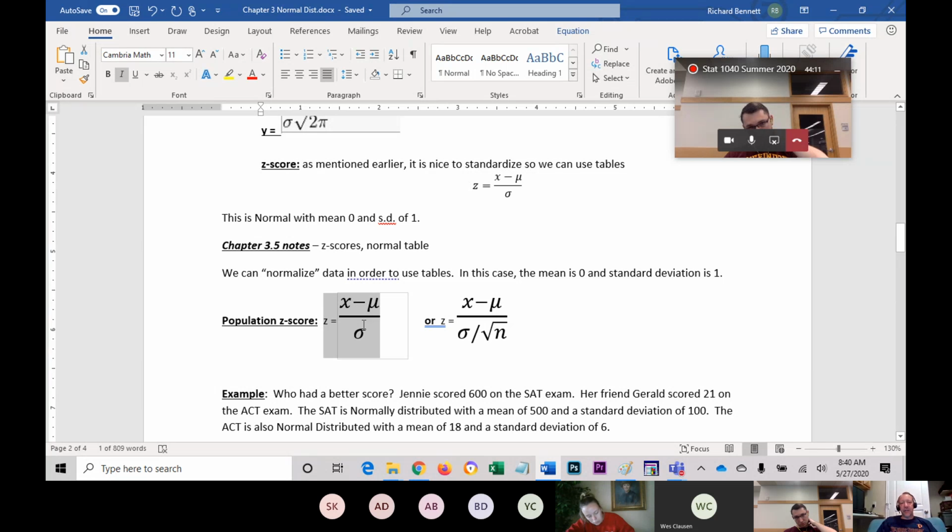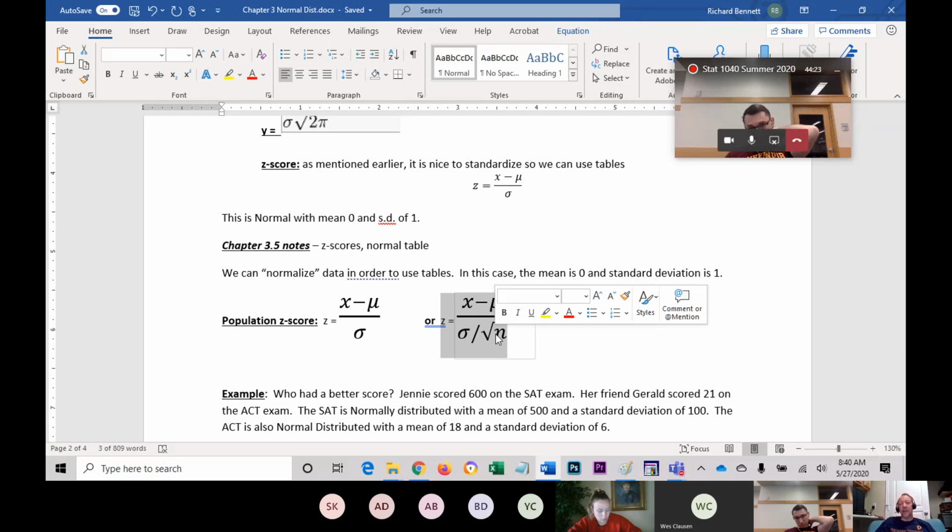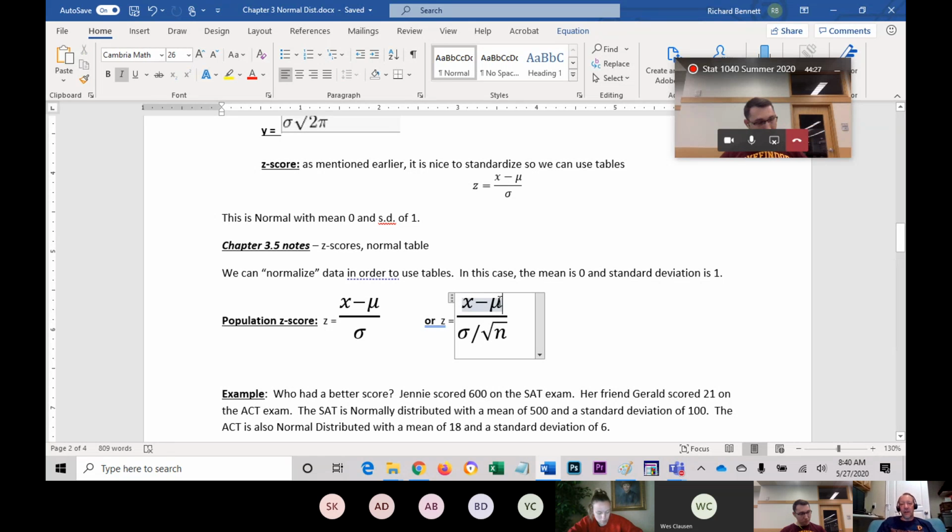Now, the problem is we've got this formula, z equals x minus mu over sigma. And then later on in the semester, probably in a chapter or two, I don't know if it'll be before or after this next test, we're going to learn this other formula, z equals x minus mu over sigma over the square root of n.